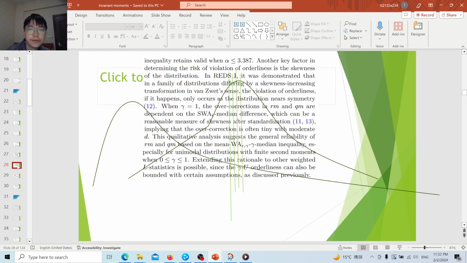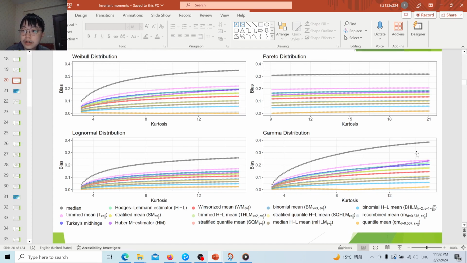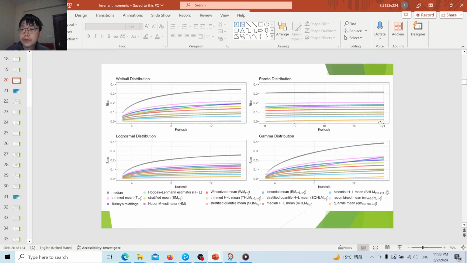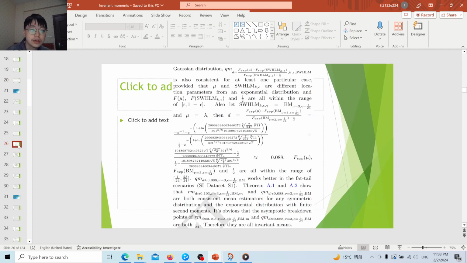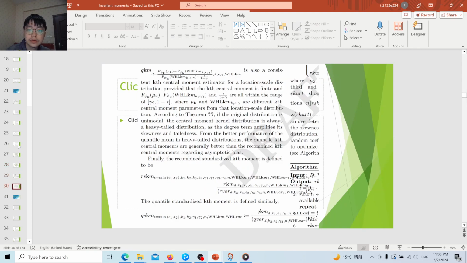For such a skewed distribution, as we showed previously, the major advantage of the quantile mean is that although for this distribution the quantile mean may have a larger bias, the orange, compared to the recombined mean, for the Pareto distribution, where the kurtosis is much higher, the quantile mean is slightly better than the recombined mean. And if the kurtosis is even higher, to 50 and then to 90, this advantage will be amplified. So this is why we introduce this quantile I-statistics here.